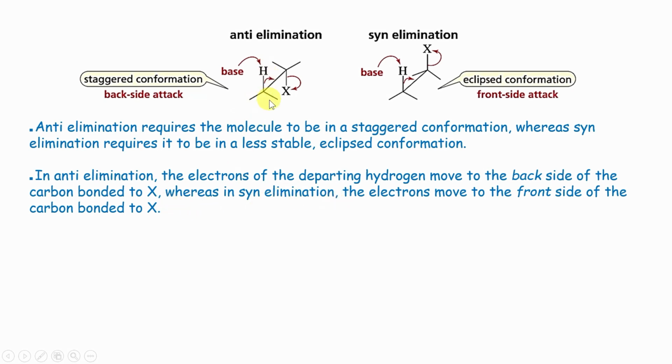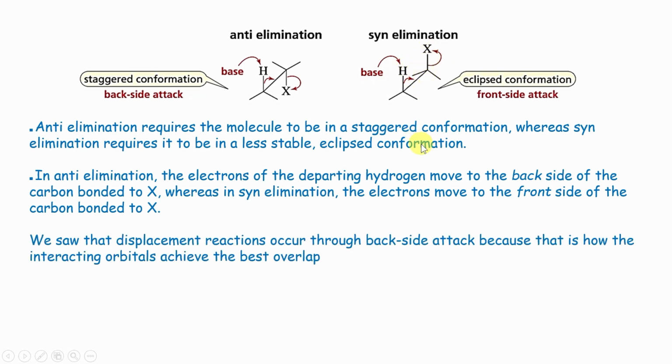You can see this carbon-hydrogen bond. The electrons of this departing hydrogen move to the backside of this carbon, which is bonded to this halogen. Whereas in syn elimination, the electrons move to the front side of the carbon, which is bonded to hydrogen.